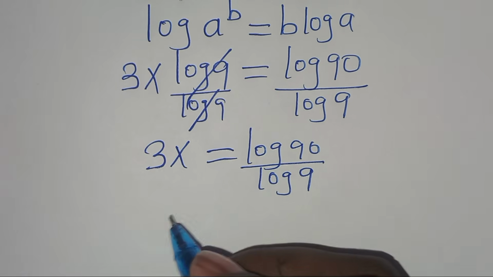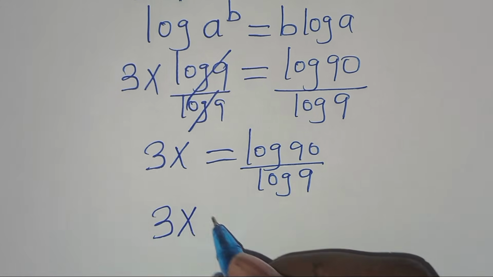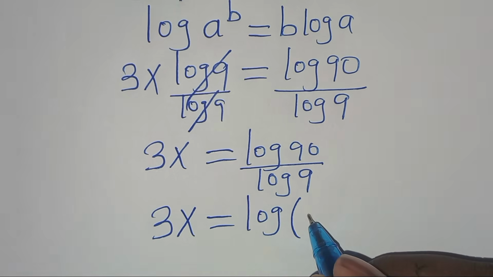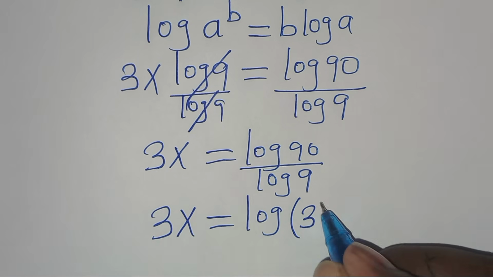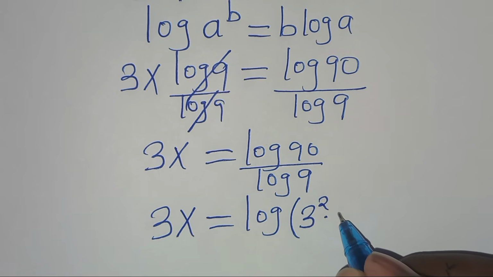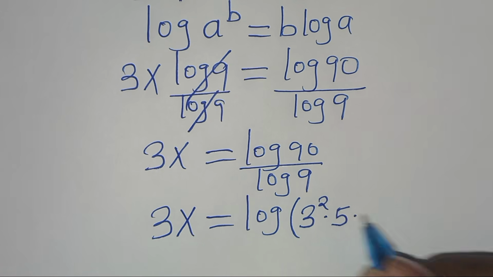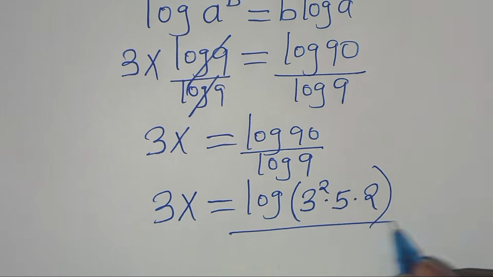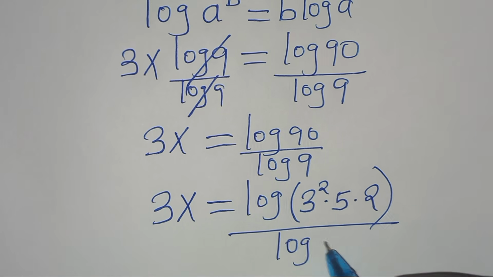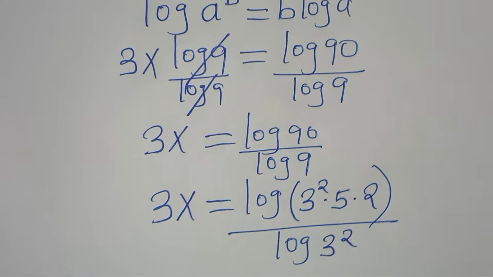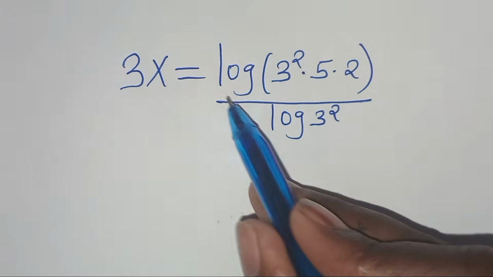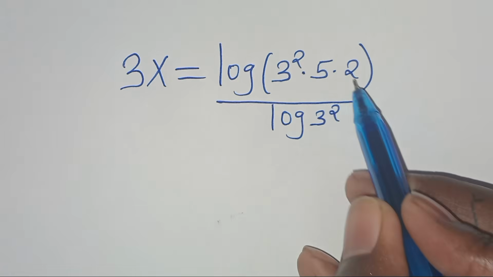Now, we have 3x equal to log 90, which you can express as log of 3 to the power of 2 multiplied by 5 multiplied by 2, everything here divided by log 9, which is log 3 to the power of 2.